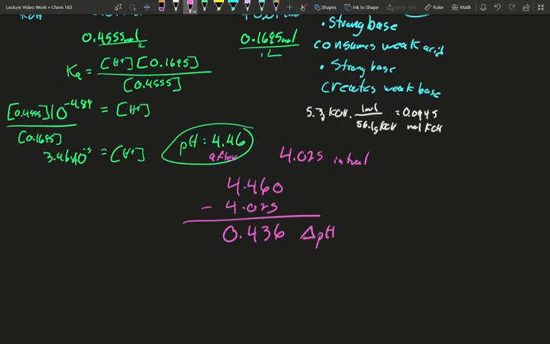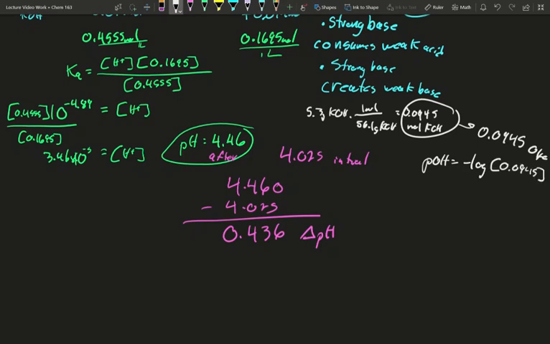Now, if we'd simply put the potassium hydroxide into 1 liter of water, we have that many moles of potassium hydroxide, which would have become that many moles of hydroxide. And so we could have found the pH from that. pOH would equal negative log of 0.0945 moles per liter.